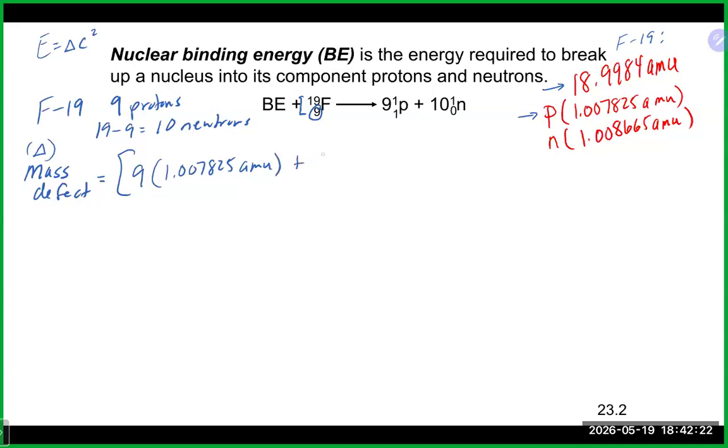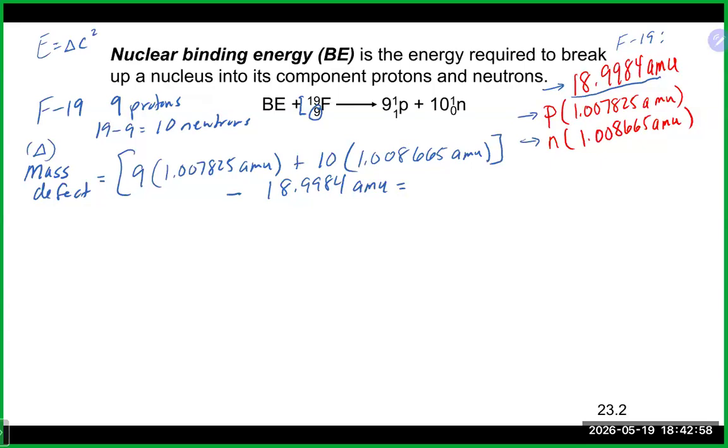We will then add it to our 10 neutrons times the atomic mass of a neutron, 1.008665 AMU. And then we're going to subtract the atomic mass of this isotope, which is 18.9984 AMU. Again, this is going to give us our mass defect, the difference in mass that gets converted into energy through this process.